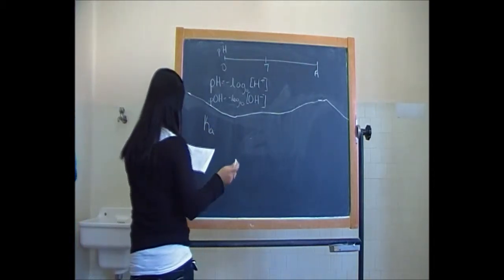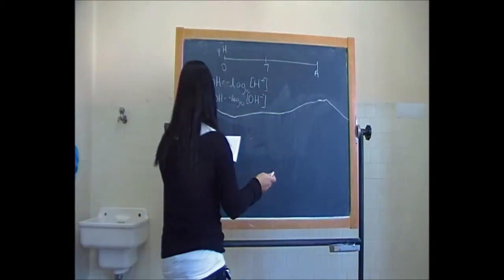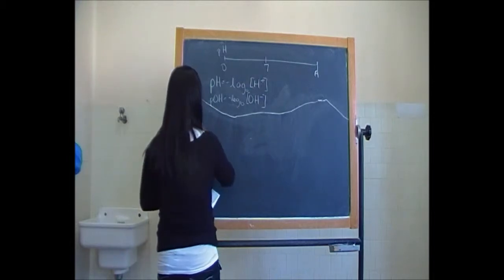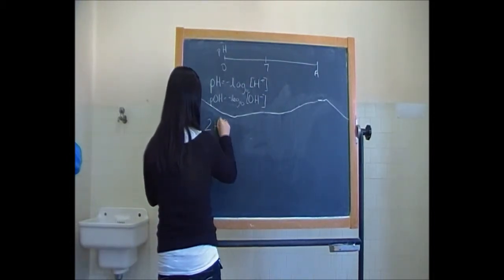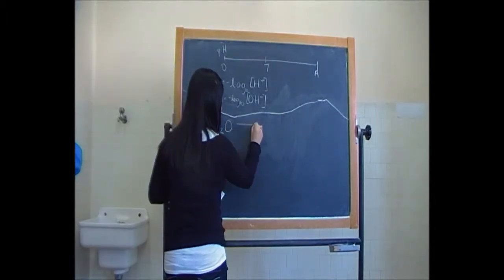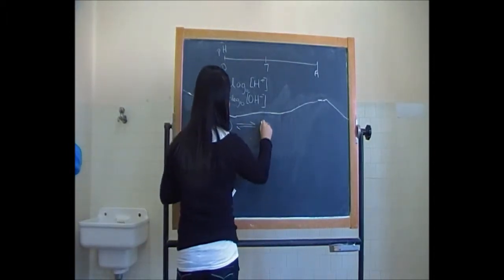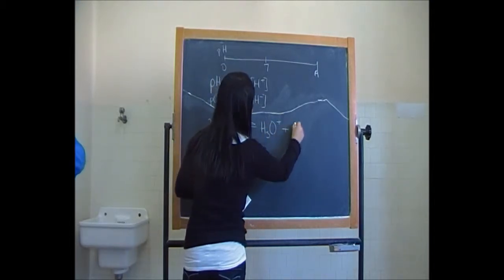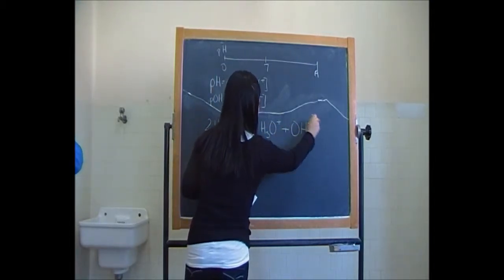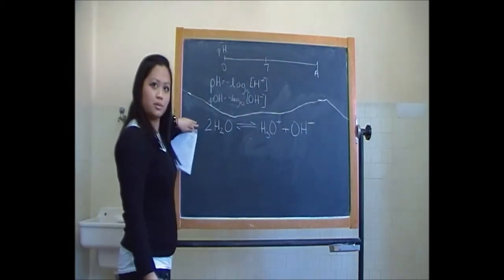The dissociation constant of the following reaction, 2H2O to H3O plus and OH minus. Do you understand this reaction?